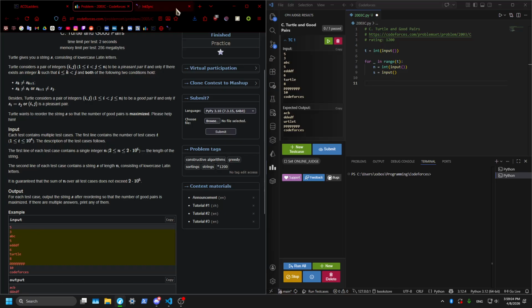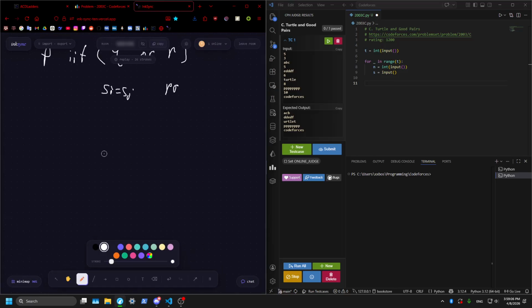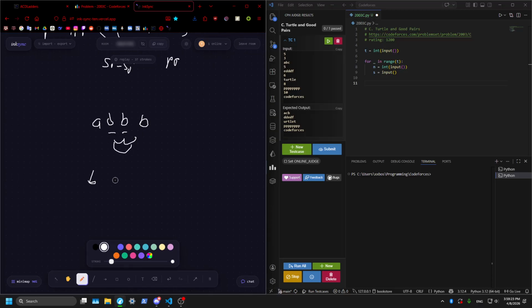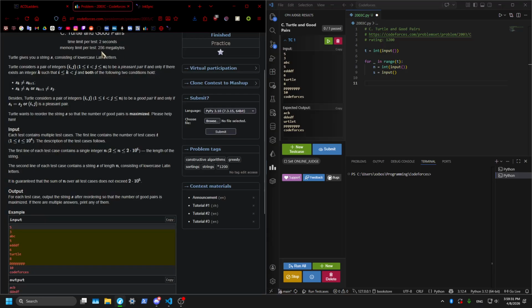Like if you have A, B, B, B, this is one good pair, two good pairs, three good pairs. But if you arrange it B, A, B, B, it's still one, two, three. So we can kind of ignore this condition, I feel like.